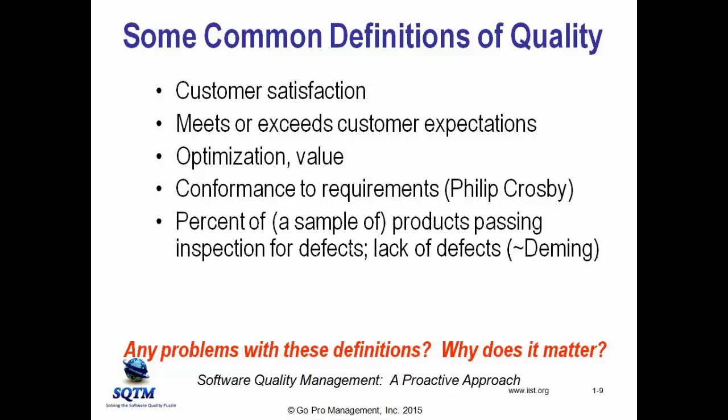There are a number of statistical definitions. Deming, W. Edwards Deming, another of the total quality management gurus, who's big on statistical approaches, although he doesn't specifically like inspection as a means of assuring quality. But lack of defects is related to quality.